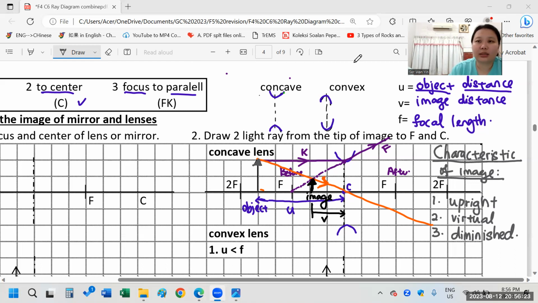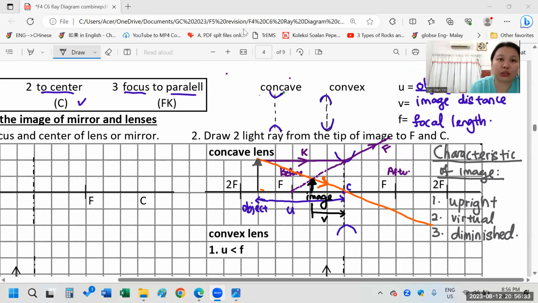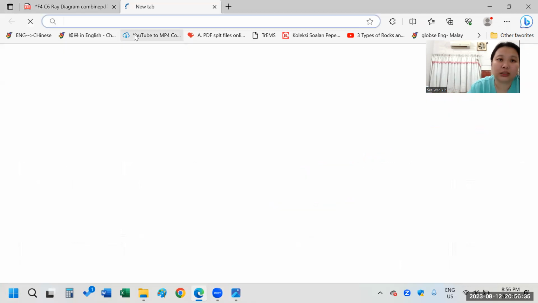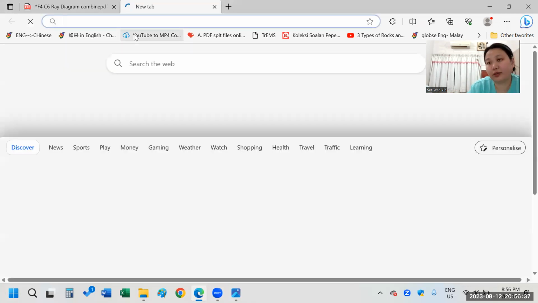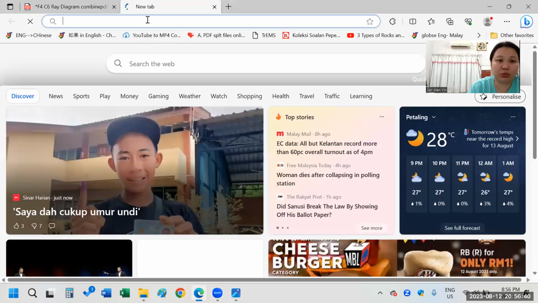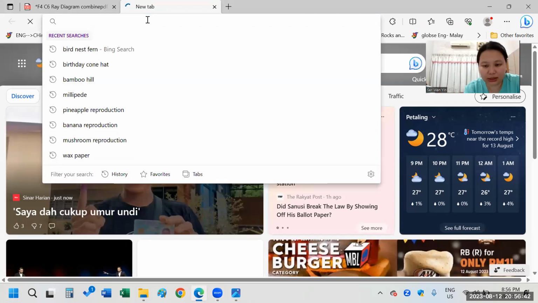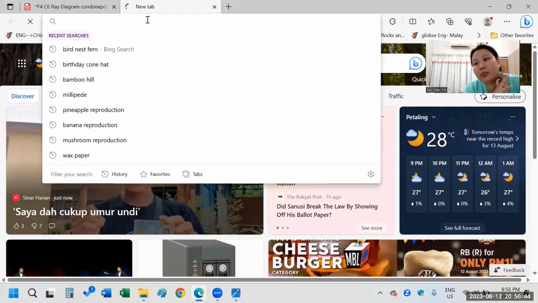Okay, you might ask, what is virtual? Actually, the meaning of virtual is, if you check out the formula list I gave to you, virtual means cannot form on the screen.